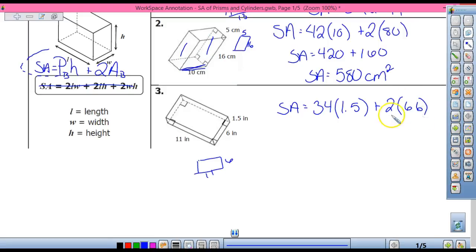I think the most common thing to screw up is to forget to take that times 2. I think I did 2 problems today when I was going through it that I forgot to multiply. So surface area equals, what's my 34 times my 1.5? 51, alright, plus 132? So my surface area is 183 inches squared.